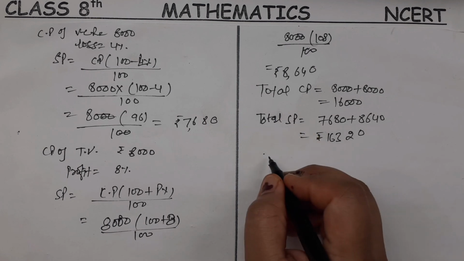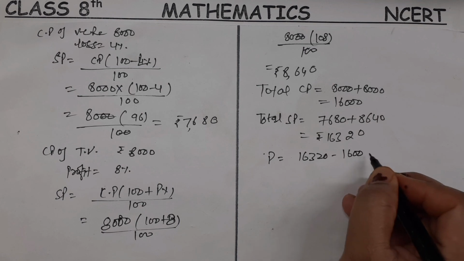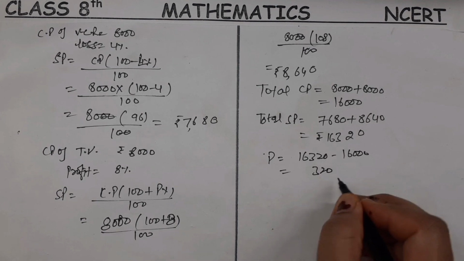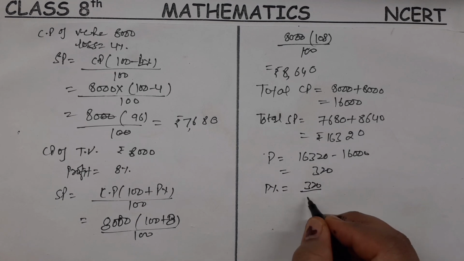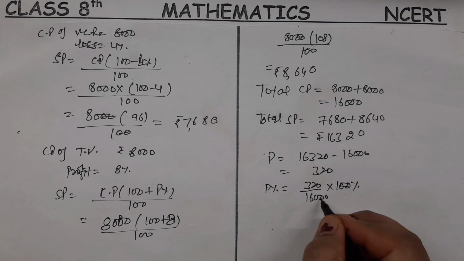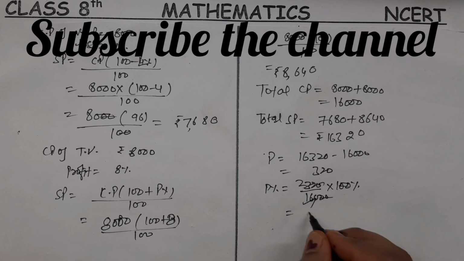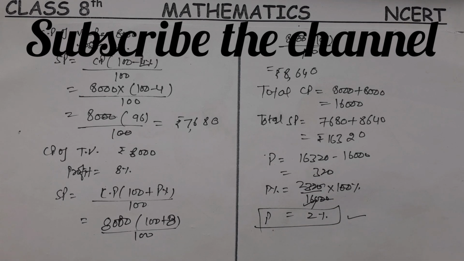There is a profit of rupees 320. Now profit percent: profit by cost price into 100%. We have 2% profit on the whole transaction.